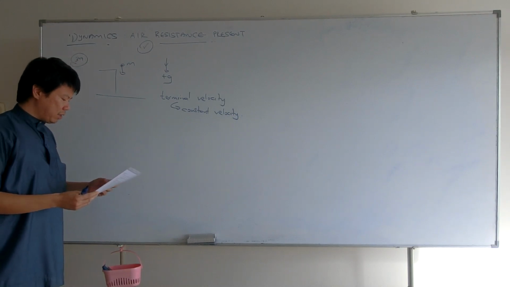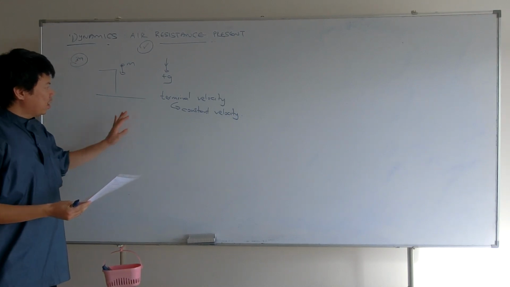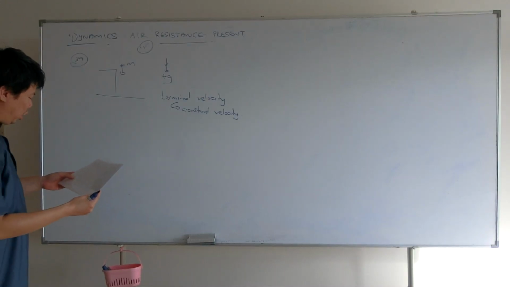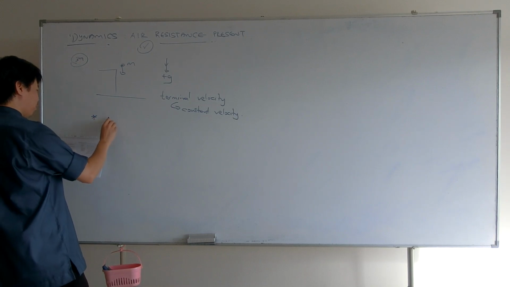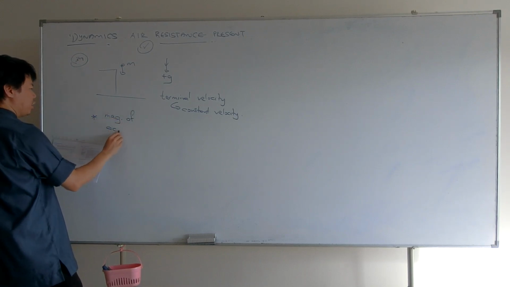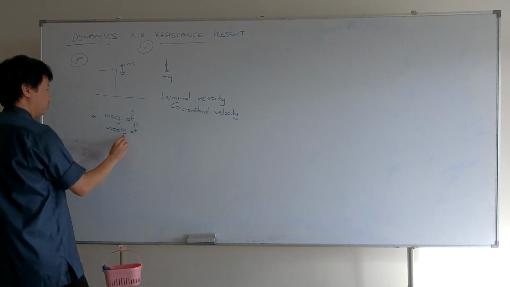So in order to understand this, let us note down the different magnitudes in the table. There is a magnitude of acceleration of stone.